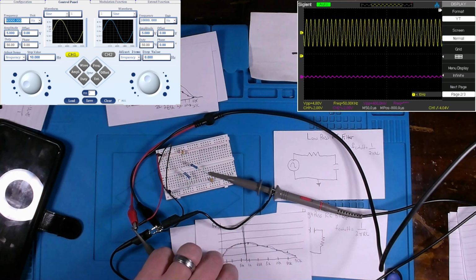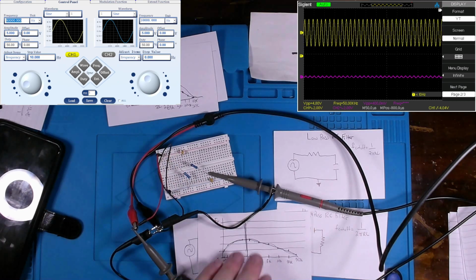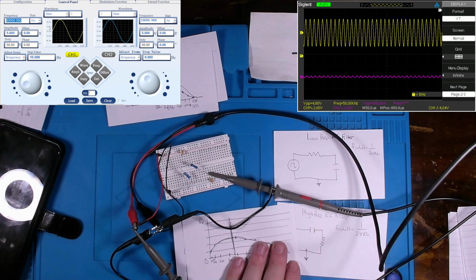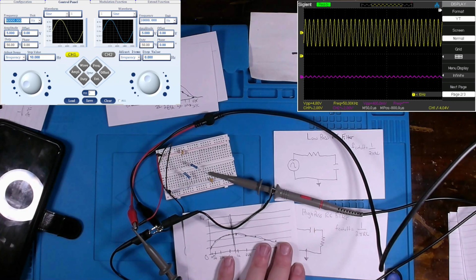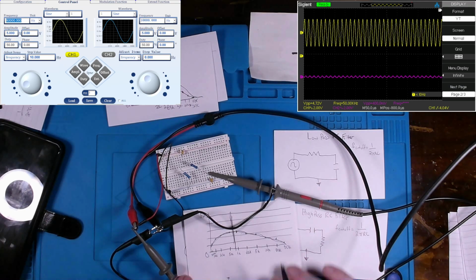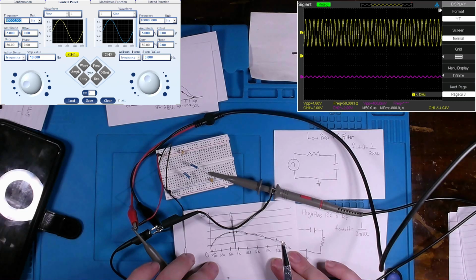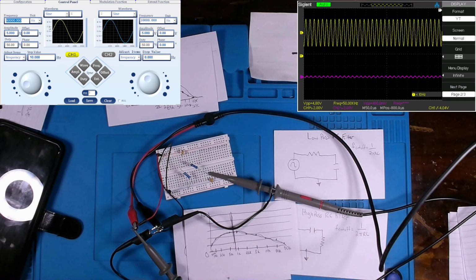Now, if you want to build filters with an RC network like this, there are probably better filters to do, as mentioned, especially with an RLC circuit. But yeah, you can essentially do that, and all you have to really know is your cutoff frequency.